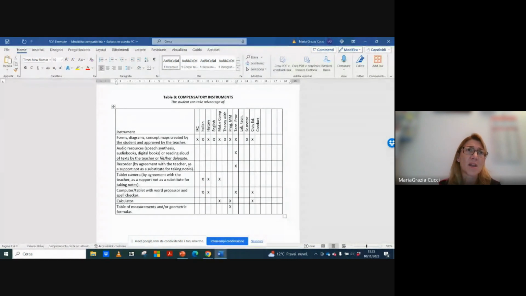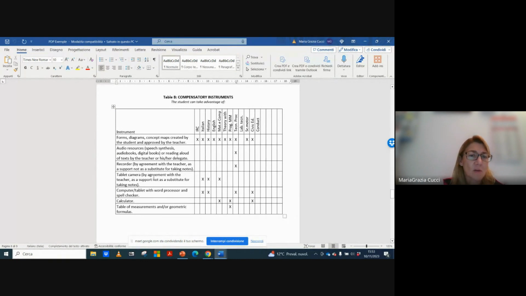In this way, we can check the correctness of the notes taken by the student, but we can also give him or her a second chance to listen to us when he or she is at home.